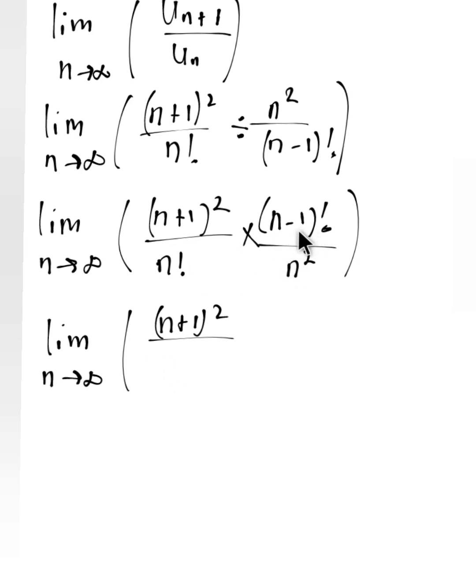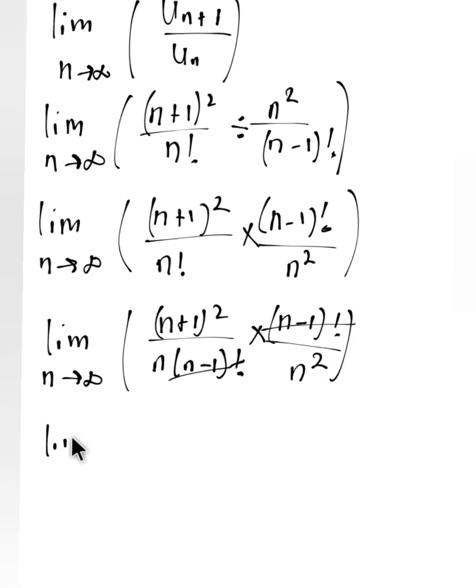Because there's n minus 1 here, we can factorize n minus 1 out of this n factorial. Of course, n factorial is the same as n into n minus 1 factorial. So this n minus 1 factorial will cancel with this n minus 1 factorial. We'll be left with the limit as n tends to infinity of n plus 1 squared all over n times n squared, which gives us n raised to the power 3.